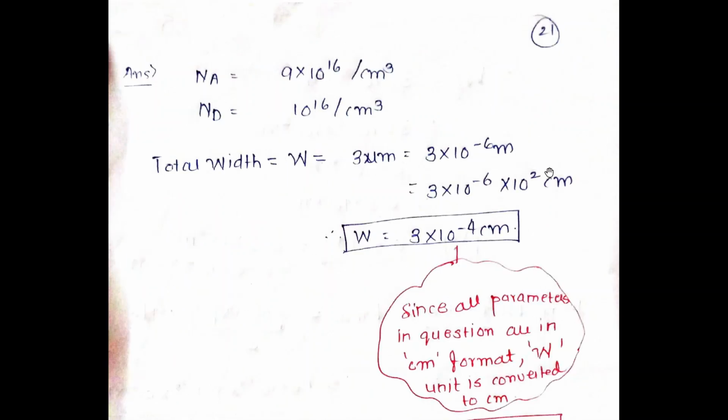So what I want to say is that your Na, that is your acceptor concentration, is given in terms of centimeter. Nd is given in terms of centimeter. The depletion region width is given in terms of centimeter, that is 3 into 10 raised to minus 4 centimeter. Okay, the micrometer was given, but we have converted that to centimeter.